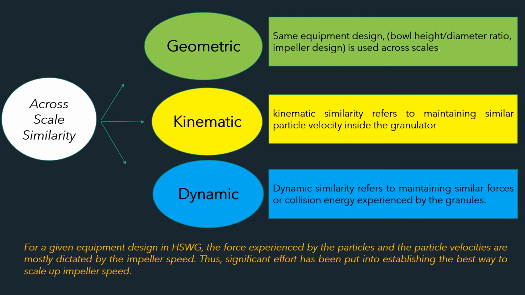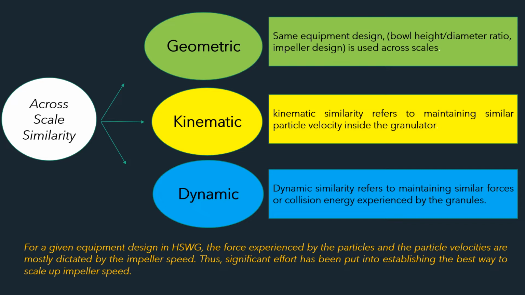So what is the geometric similarity? If the equipment design is the same, and its H by D ratio, bowl height divided by diameter ratio, is the same, and the impeller design is the same across the scale, then we say that all equipments are geometrically similar.